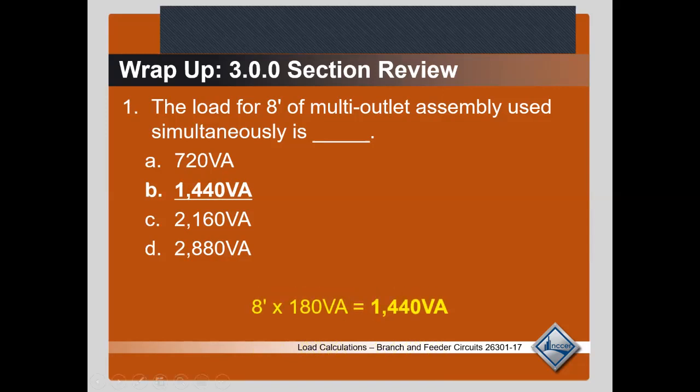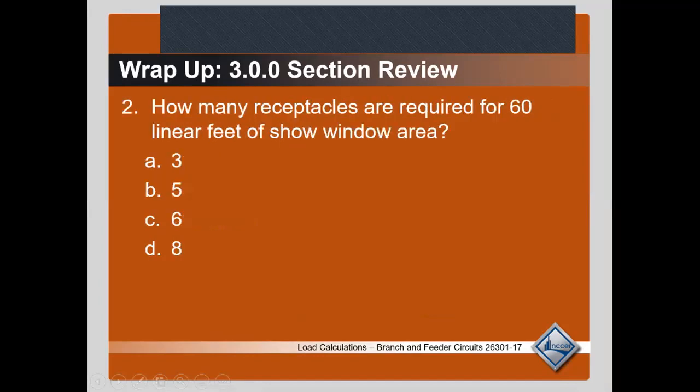Oh, I said simultaneously, so I assumed it meant continuous load. Okay, that was my bad. I just mistook it when it said simultaneously. Yeah, that means all the outlets are being used at one time, not that they're being used for over 3 hours.